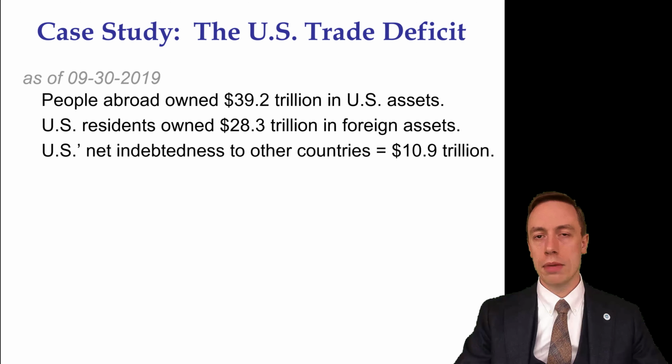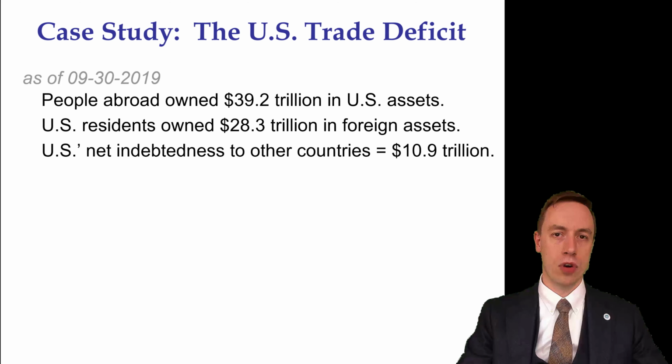We're not talking about the US government debt. This is total macroeconomic debt. So we are referring to how many more private and public assets foreigners hold of the US than vice versa.